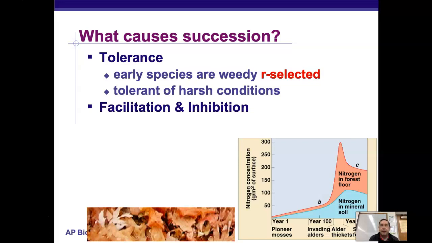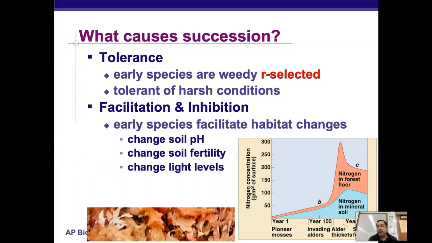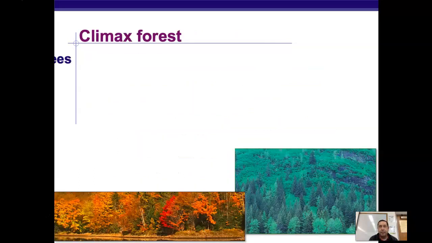And they actually make it so other types of communities are going to be more successful. So early species facilitate habitat change, changes in soil pH, changes in soil fertility, changes in light levels, and they allow other species to then outcompete them.